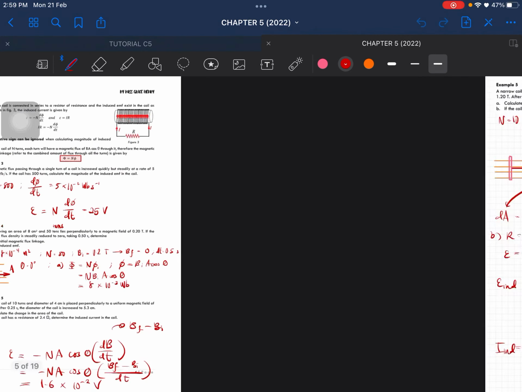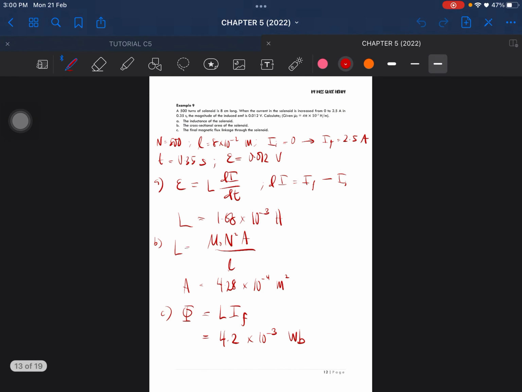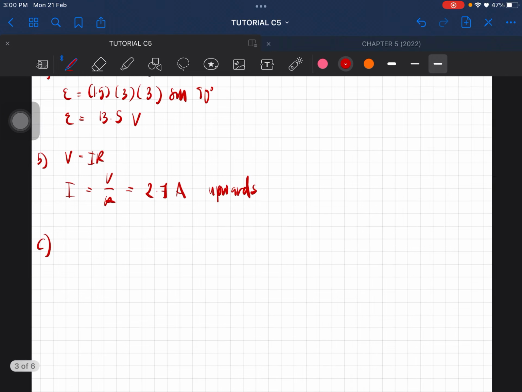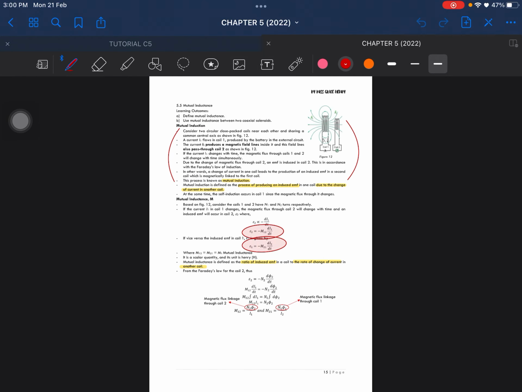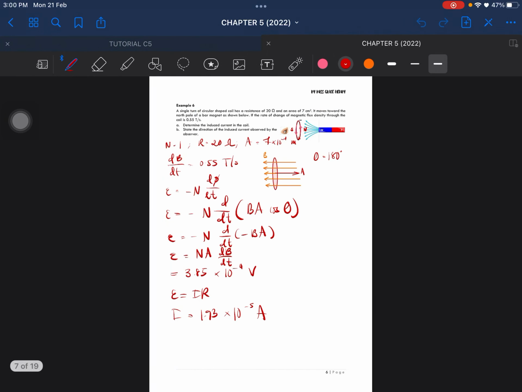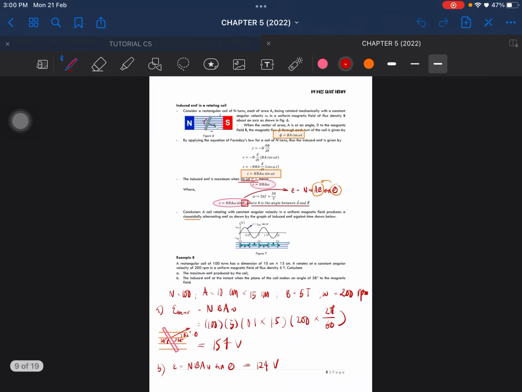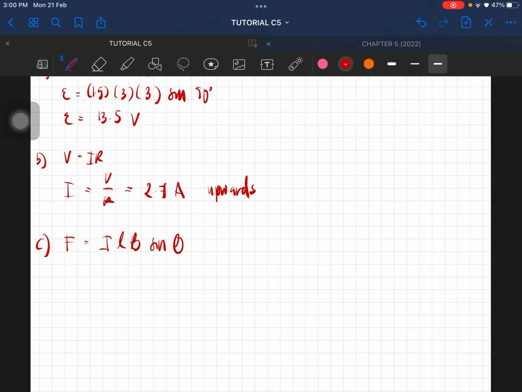Okay, basically F is going to be equal to ILB sine theta. Why can't I find the formula? Okay, never mind. But we are going to use this equation.